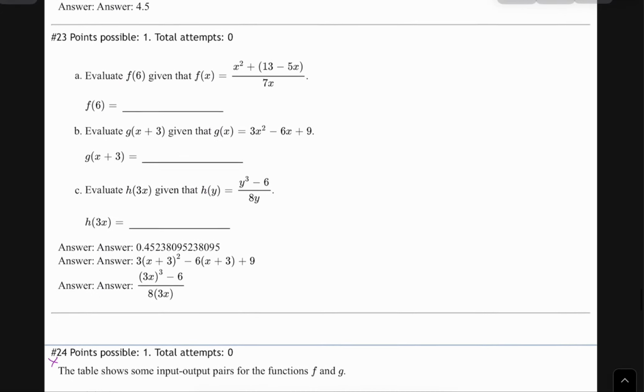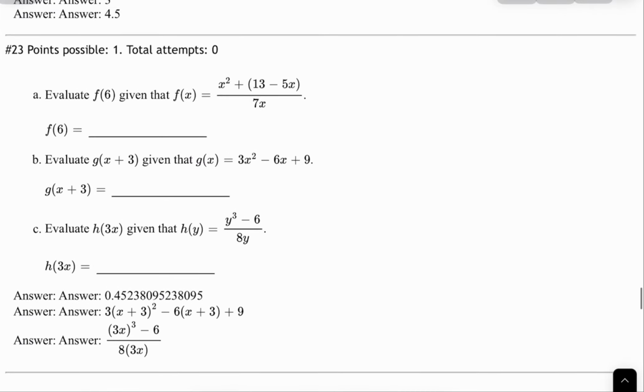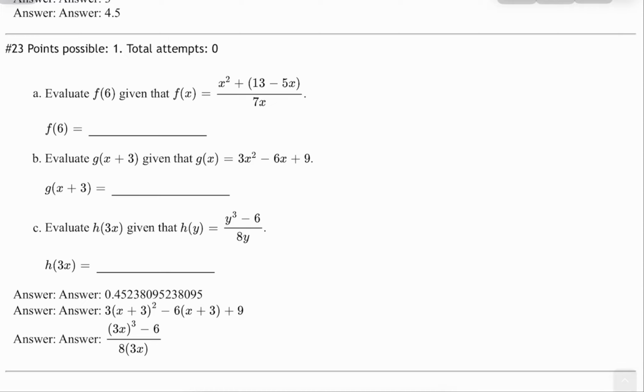Now let's look at 23. It says evaluate f of 6. You're just plugging into the function. We're plugging in 6. Be careful, watch your order of operations. If I plug in 6, I get 6 squared, write that down, plus 13 minus 5 times 6, so that's minus 30, over 7 times 6. Some of those pieces you can do in your head or in a calculator.